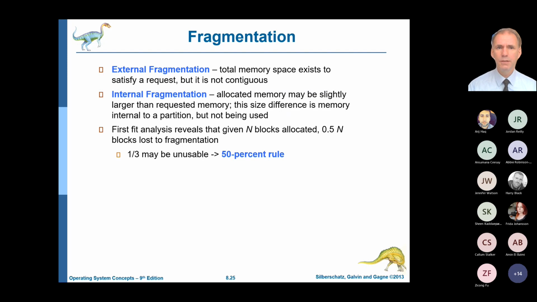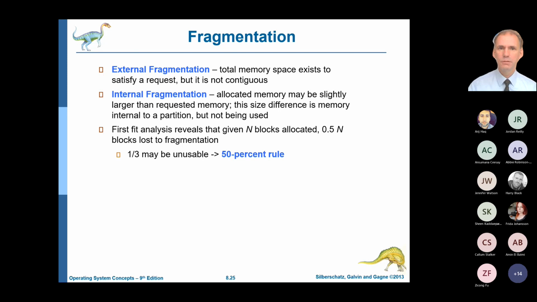So we have fragmentation in memory, and there's two different types. External fragmentation, and just a reminder on class test day that these blue things are things that might come up. External fragmentation says we've got lots of holes in memory. If they were all together, we could fit in this process, but we can't because they are not together.